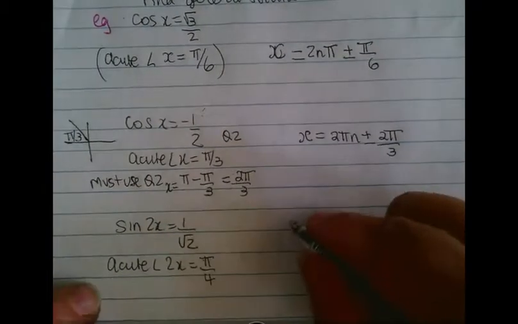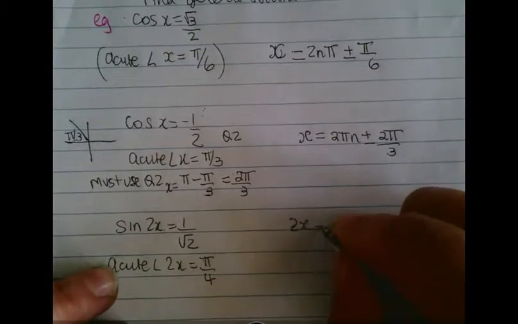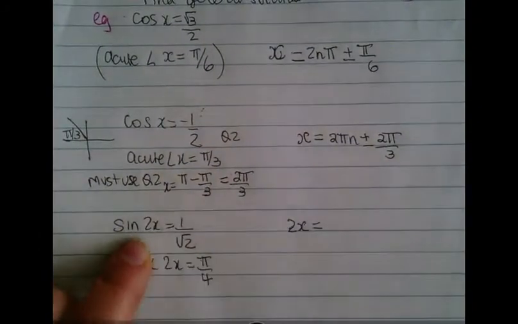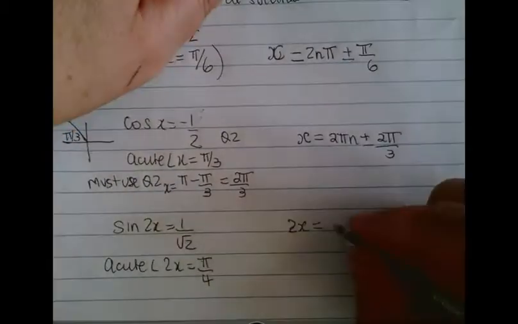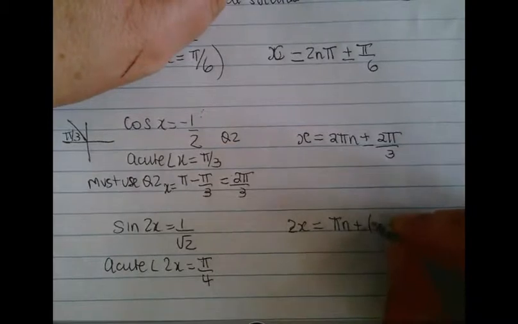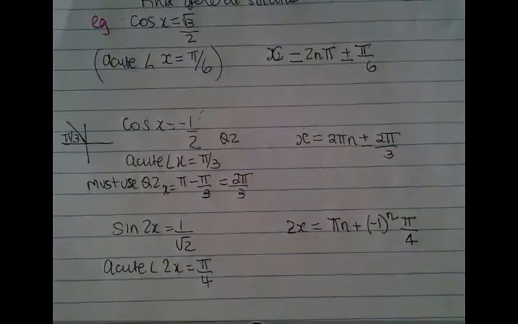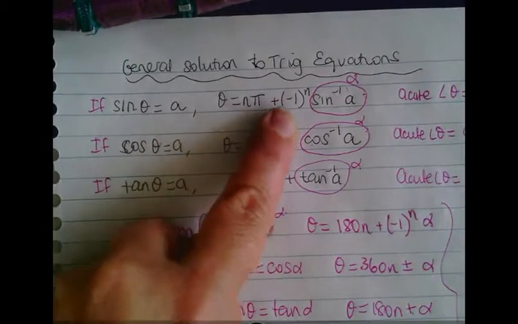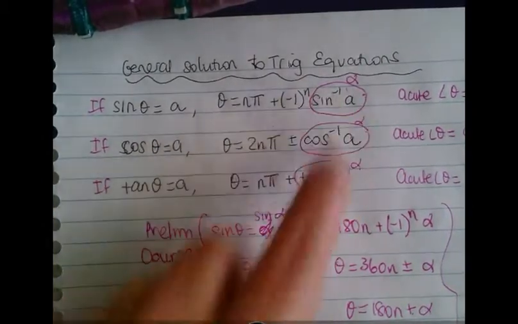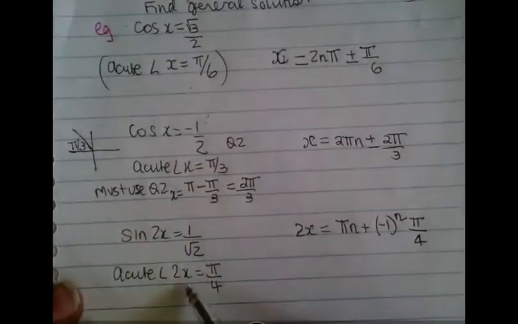So my solution for sine, in this case, I've got to do the solution for 2x. So 2x is, I go up to my formula, pi n plus negative 1 to the power of n times my acute angle, which is pi on 4. Now the acute angle belongs to the 2x.